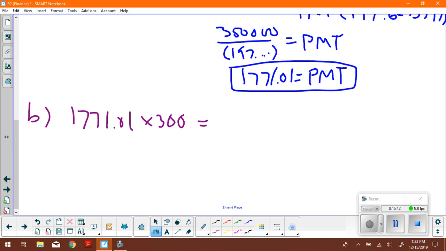So that comes out to $531,303. That's how much you actually spent over the lifetime of the mortgage.